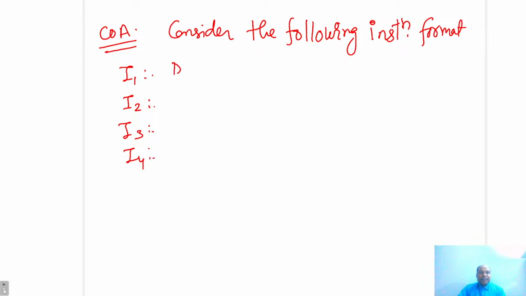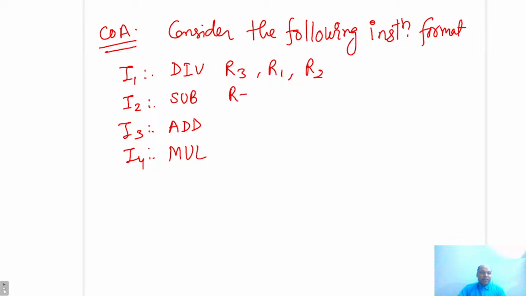So I1 says divide R3, R1, comma R2. In this it is saying sub, this is saying add, this is saying MUL. So sub says R5, comma R3, comma R4. In this R3, R5, R6. In this R7, R3, R8.